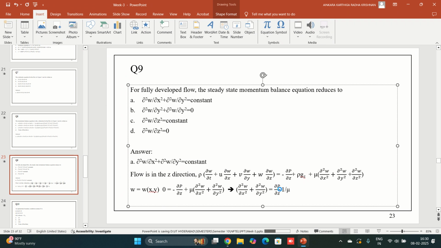But 1 by mu, so it can be a constant actually. Equal to constant. So ∂²w/∂x² plus ∂²w/∂y² equal to constant. Option A is the right answer therefore.